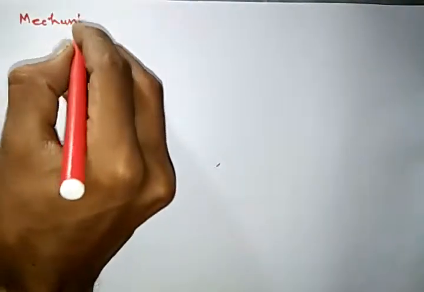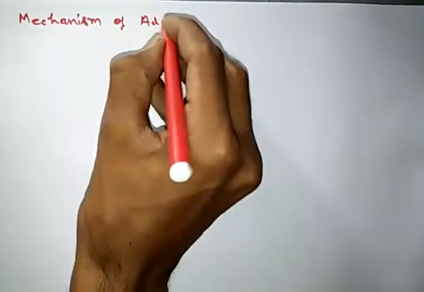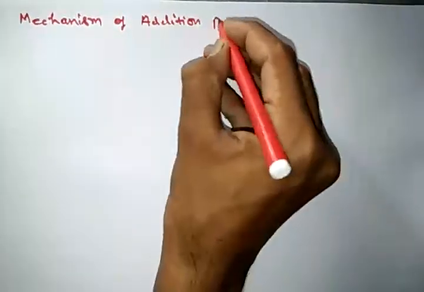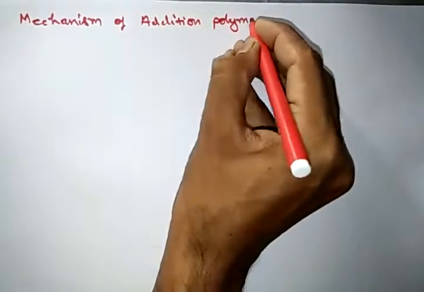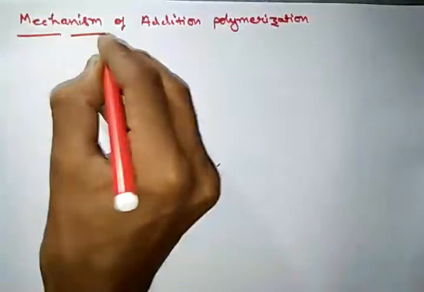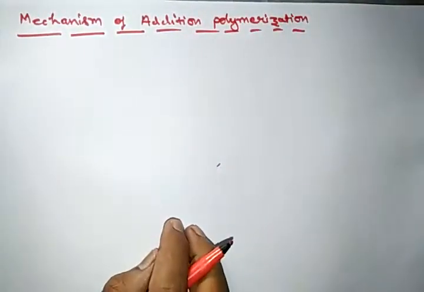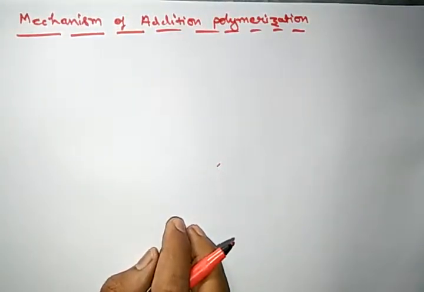The next is mechanism of addition polymerization. Addition polymerization can proceed through the following three mechanisms.